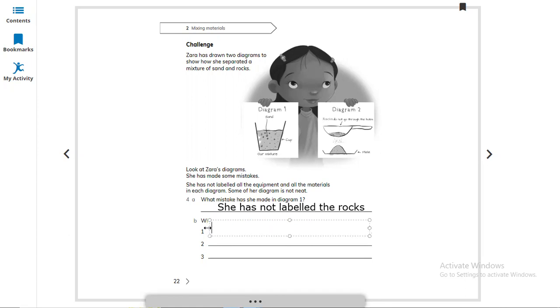This is the first: her drawing isn't neat.